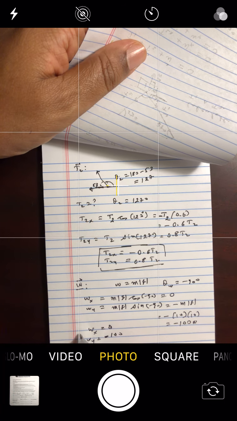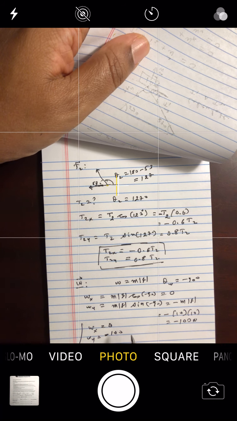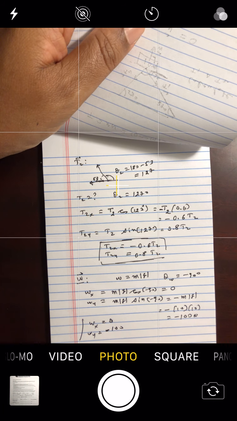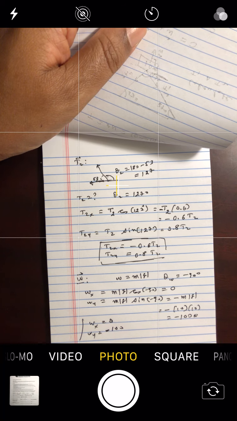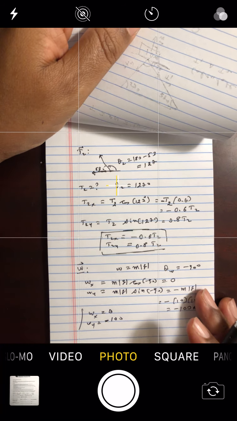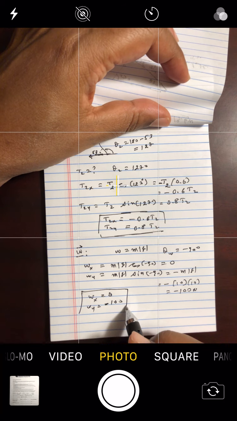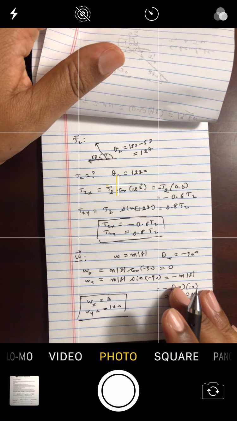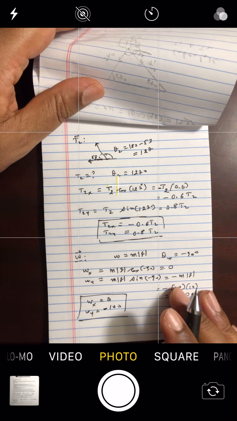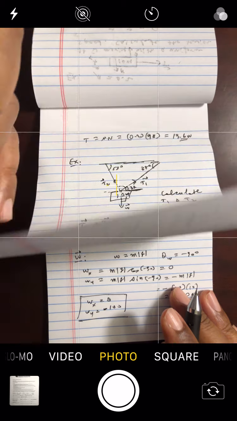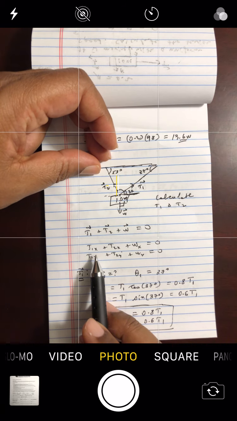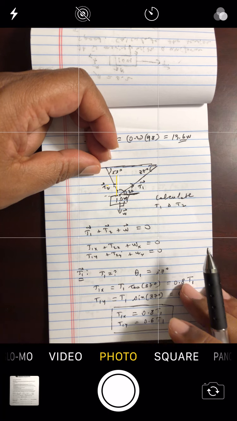All right, then now we're going to go back to the component equations. Let's start with the equation for x components. T1x plus T2x plus Wx equals 0.